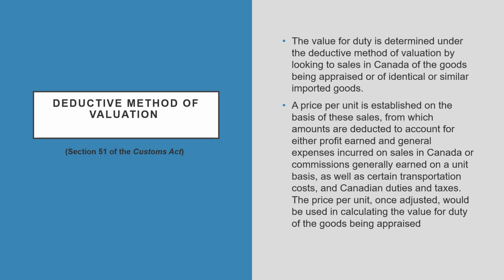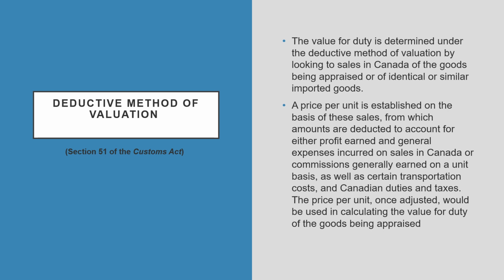Under the deductive method of valuation, you need to look into sales of similar goods, and then a price per unit is established, and that price per unit you will adjust with deductions on account of either profit earned or expenses incurred on sales in Canada.